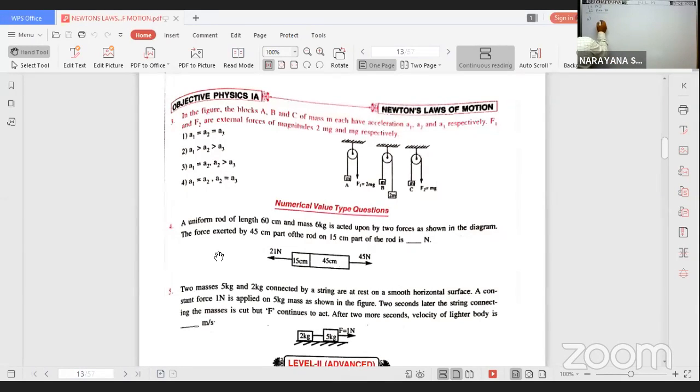You see, there are 3 diagrams given. In all the diagrams, they asked for the acceleration.